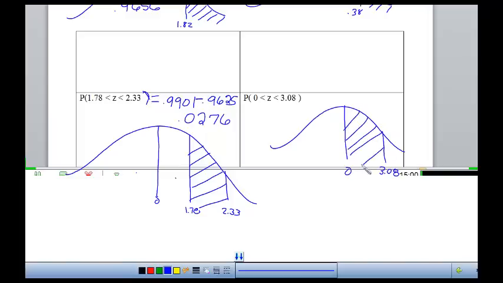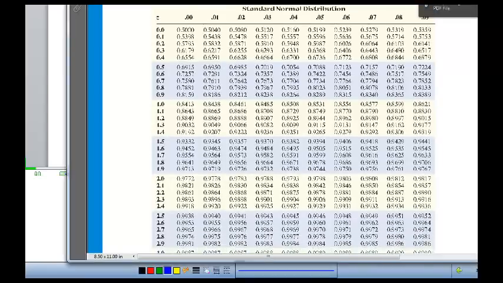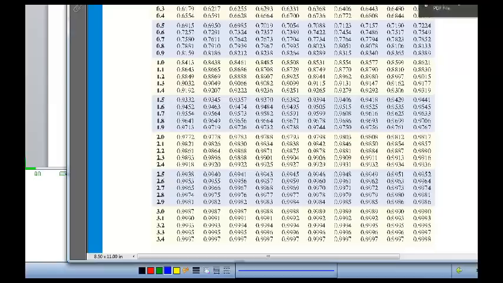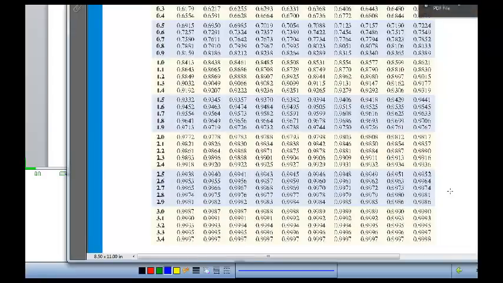So for the area that I find, I'm going to subtract 0.5. If we look at 3.08, I got 0.990.